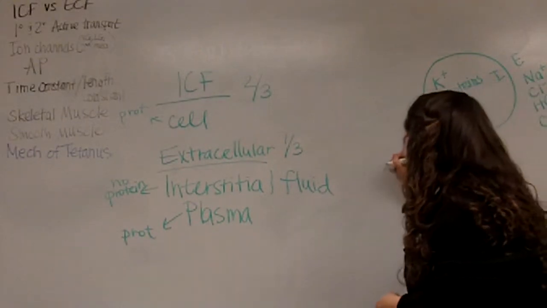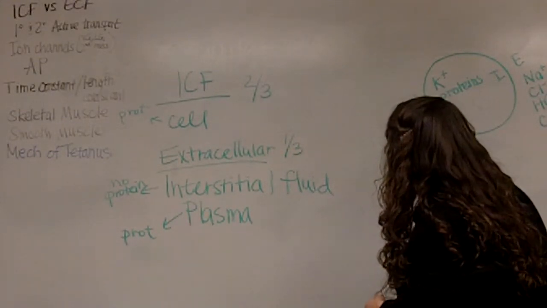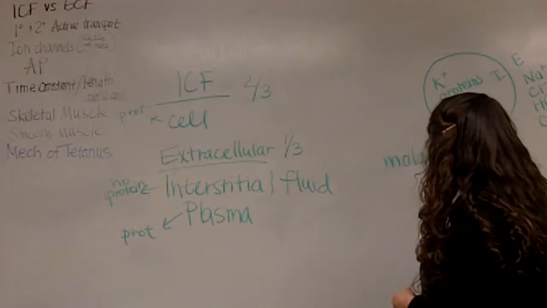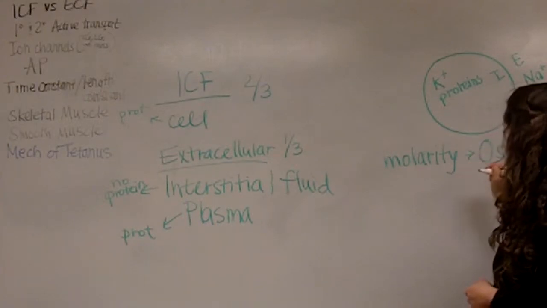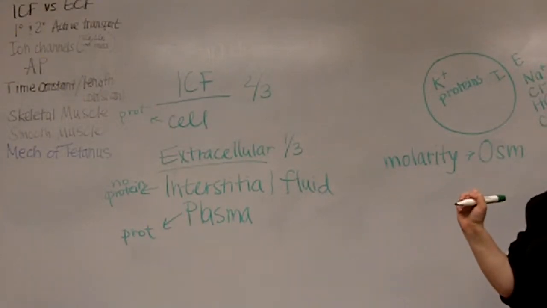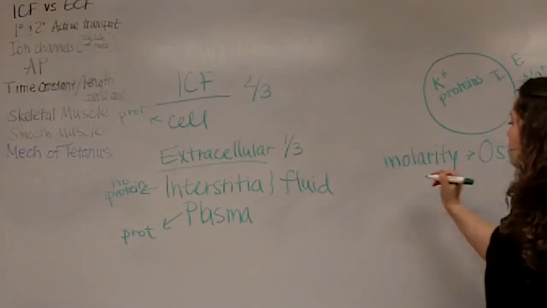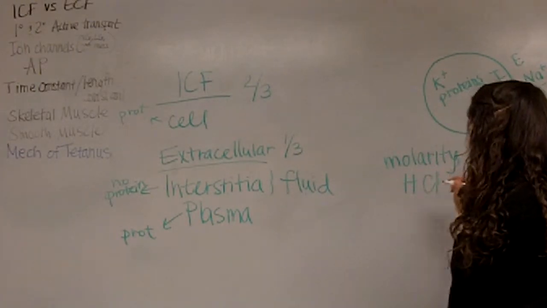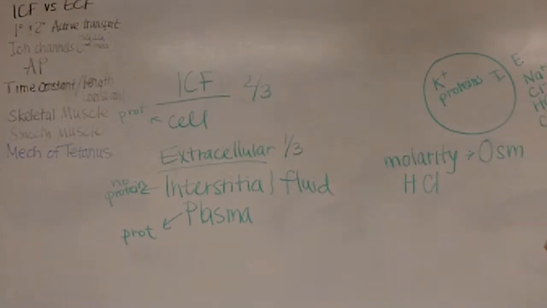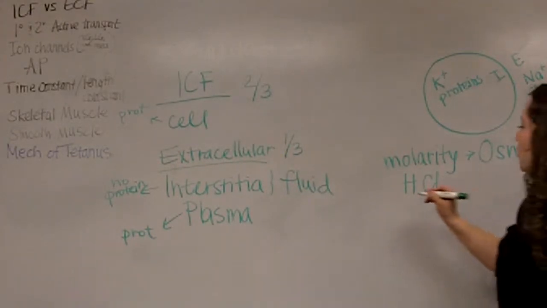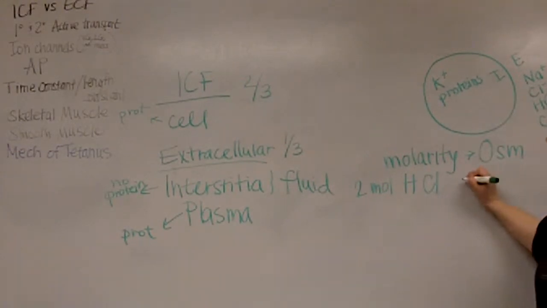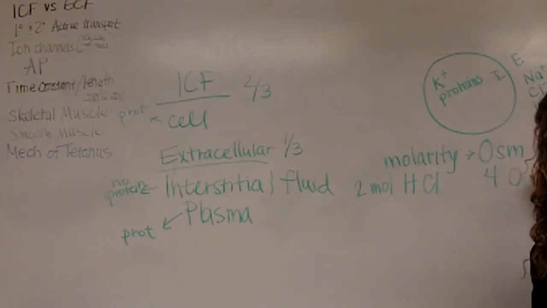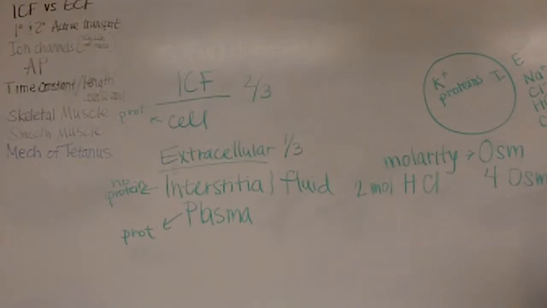But say you have molarity and you want to go to osmolarity, you have to consider whether something is going to break apart in water. Hydrochloric acid is going to separate into H plus and Cl minus, so 2 molar hydrochloric acid is going to be 4 osmolar. How come?